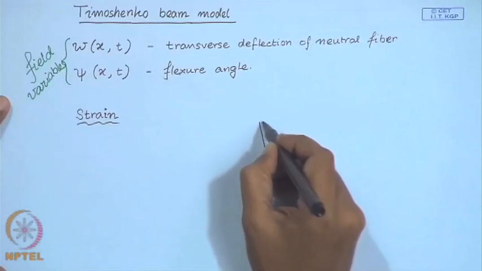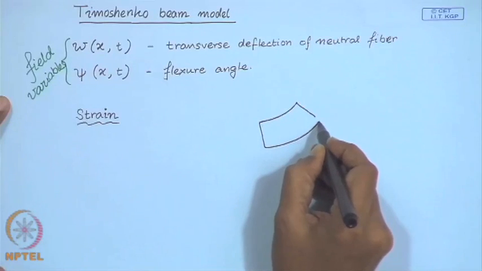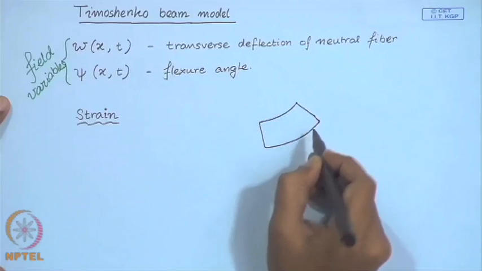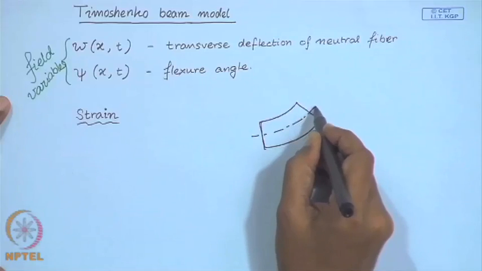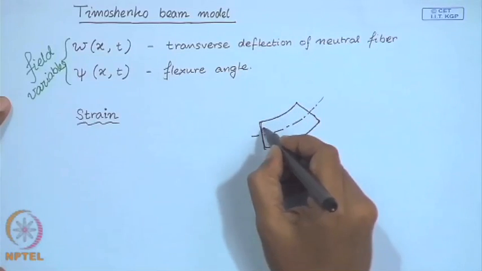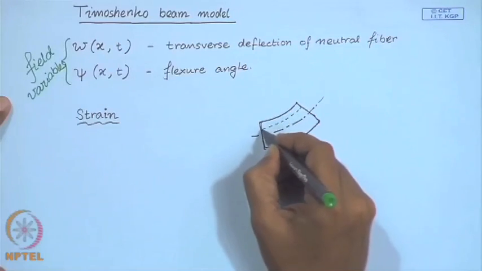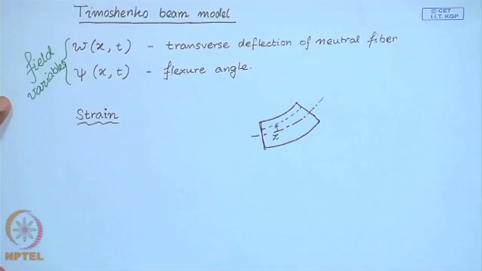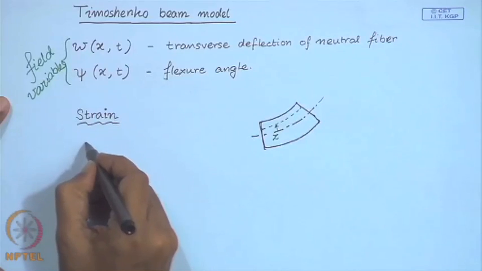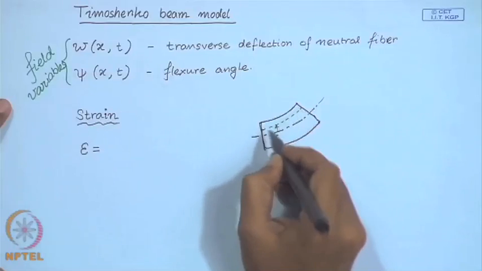So, if you once again consider fibers at a height z from the neutral plane or the neutral axis, then following our discussions in the previous lecture, we can write the length of this fiber.